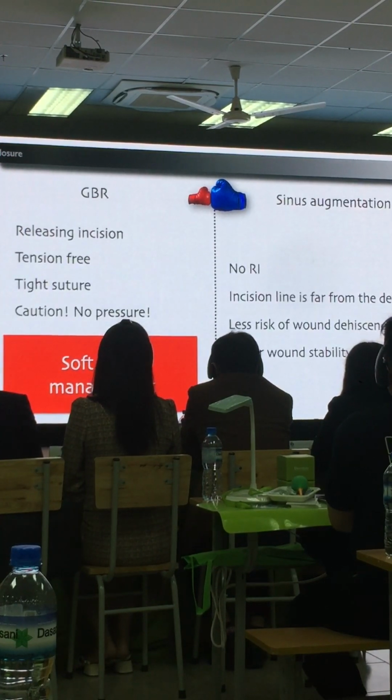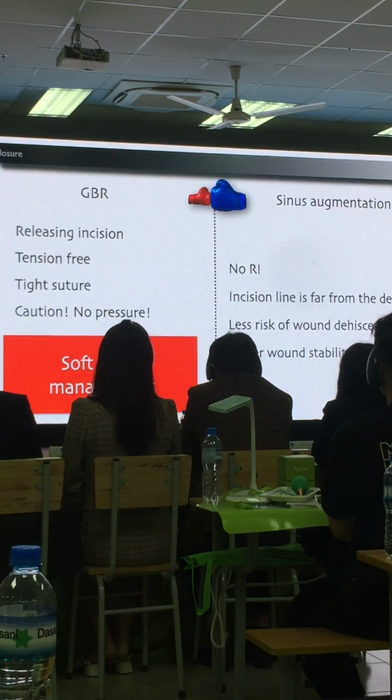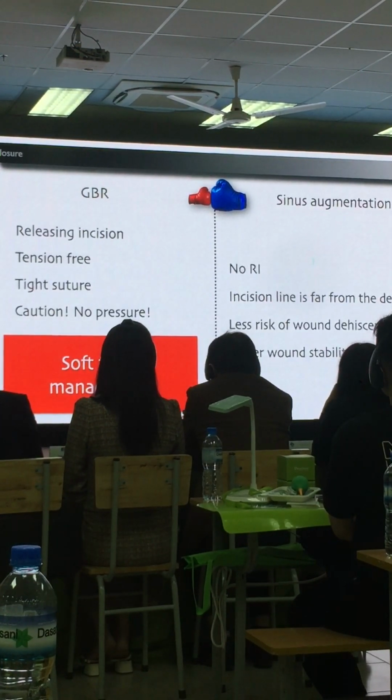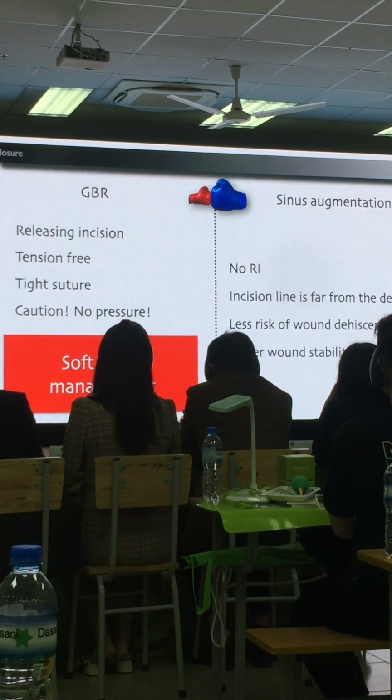On the other hand, there is no external volume change in the sinus augmentation procedure because the releasing incision is not necessary, and the incision lies far from the defect and on the native alveolar bone. Generally, wound dehiscence is rare. During the healing phase, you don't have to worry about wound stabilization.